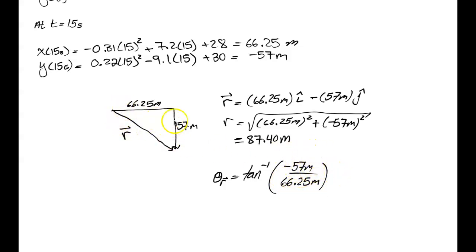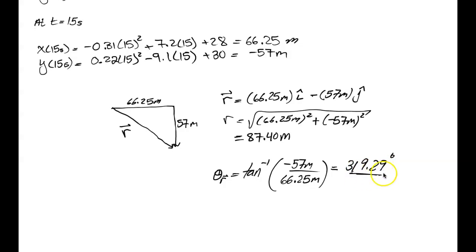Also notice that if you have a positive x and a negative y, you're in the fourth quadrant, so the angles there are in the 270 to 360 range. If you plug this in your calculator, you get about 319.29 degrees. So this would be part A.